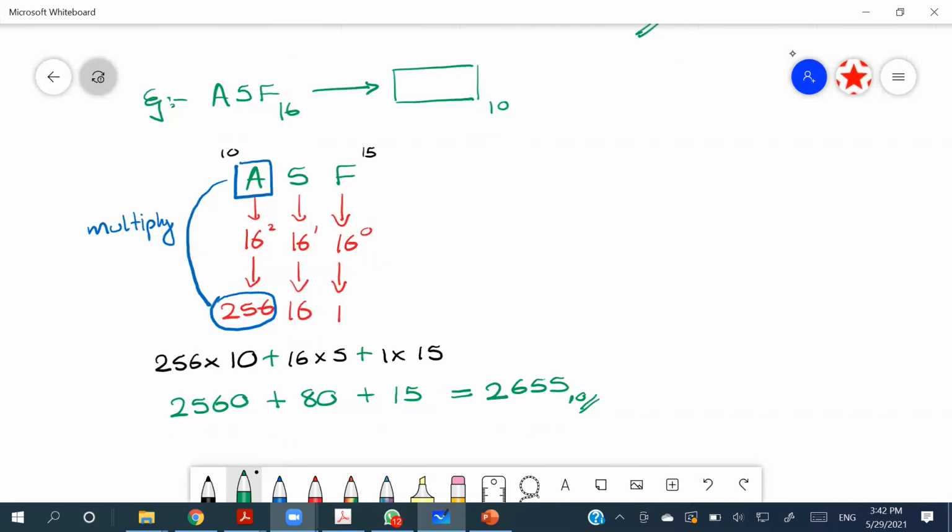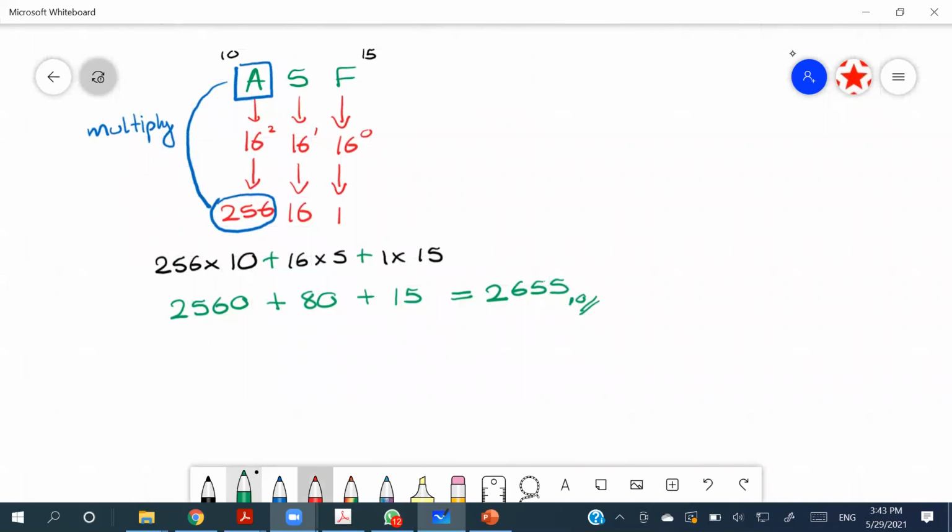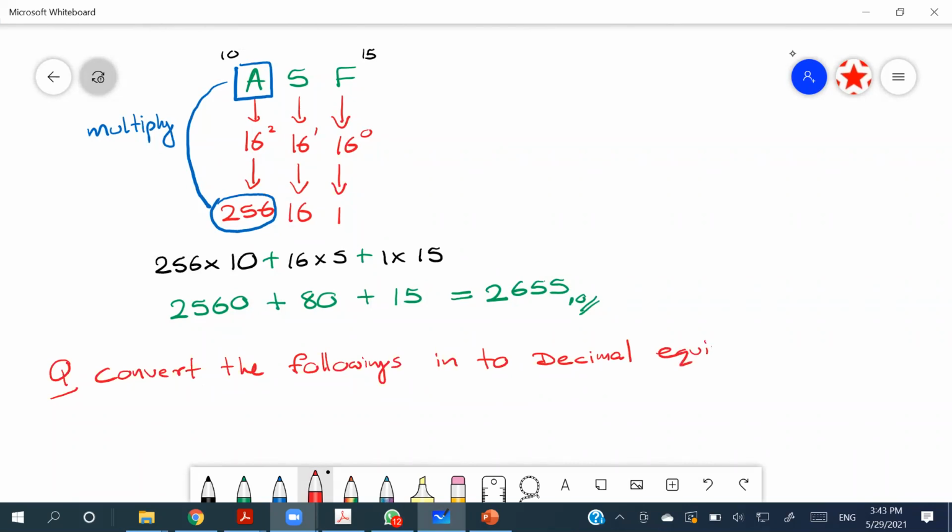Right. So the hexadecimal happens like that. For the people who have finished, here comes the questions. The question is, convert the following into decimal equivalent.